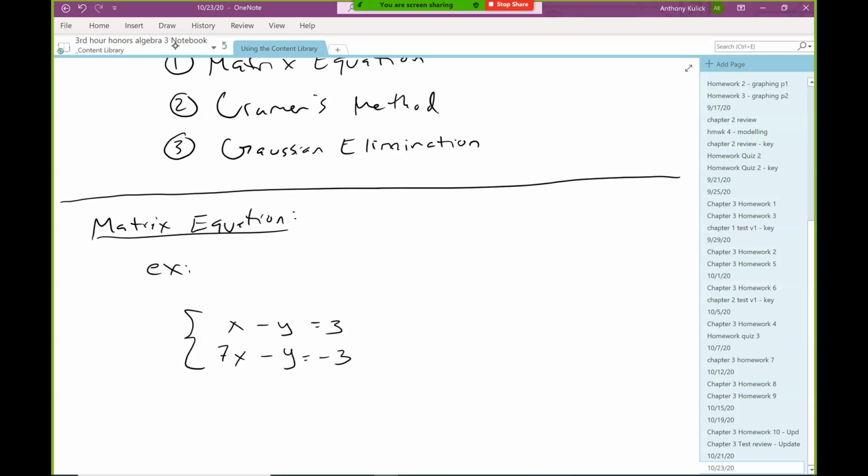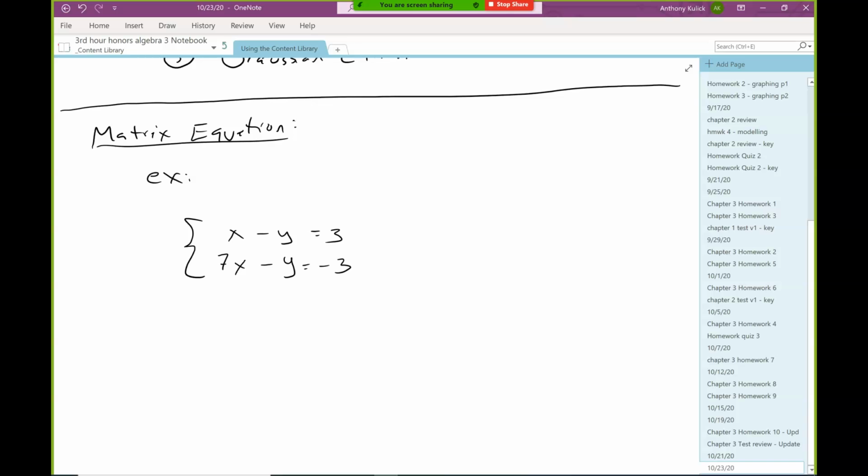But I'm going to take an explanation-heavy route to get to the setup, and then we'll summarize after that how to go directly from the system to the matrix equation, where you wouldn't have to do this justification along the way. But I feel like it's probably a good idea to justify it to you, so you can see why what we're about to do works, rather than just take my word for it.